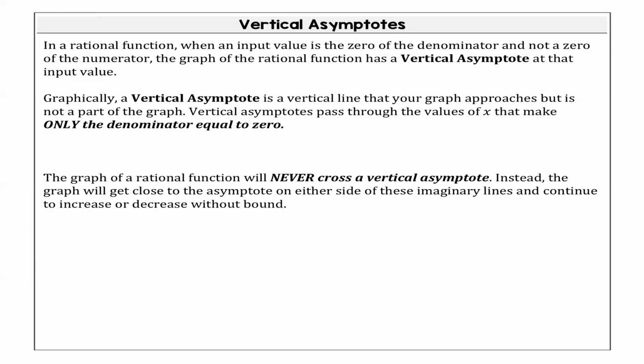Graphically, that's what these summaries are at the bottom. A vertical asymptote is a vertical line that your graph approaches, but is not a part of the graph, okay? It's that imaginary boundary line. It's approaching, but not going to reach it, because these are the values where the denominator would equal 0. The graph of a rational function will never cross a vertical asymptote. We could say never with vertical, but we can't say never with horizontal.